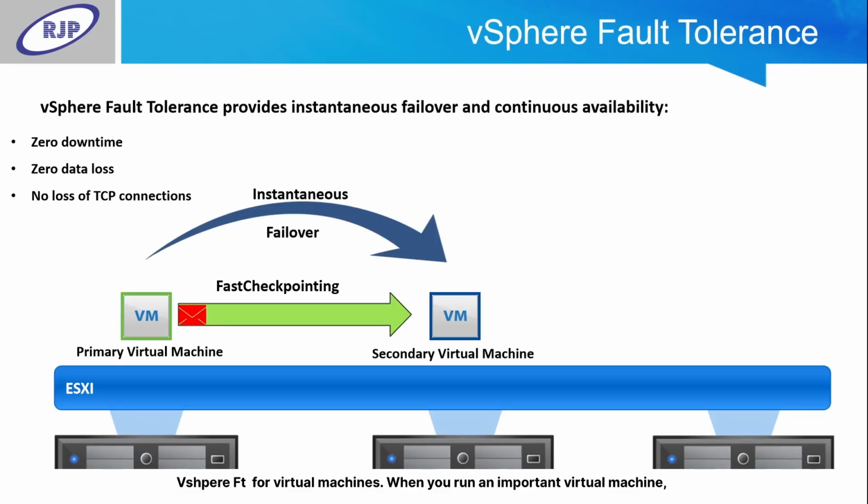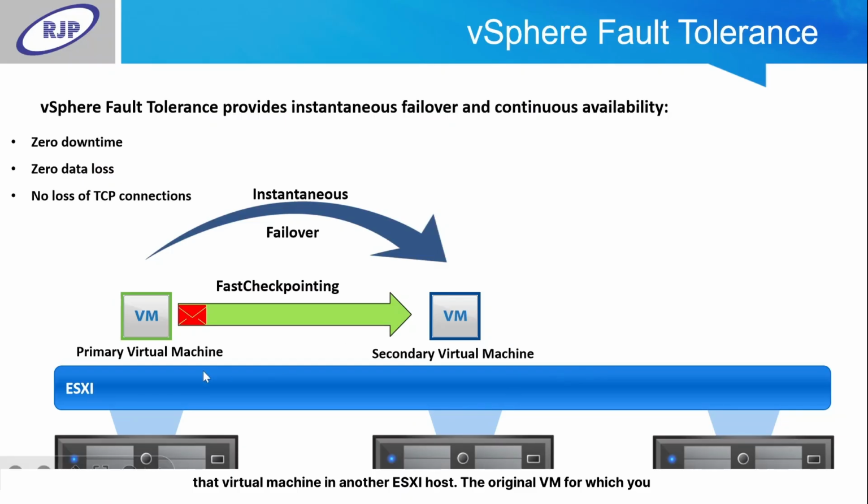When you run an important virtual machine on one physical server, that is an ESXi host, FT makes an identical twin copy of that virtual machine in another ESXi host.